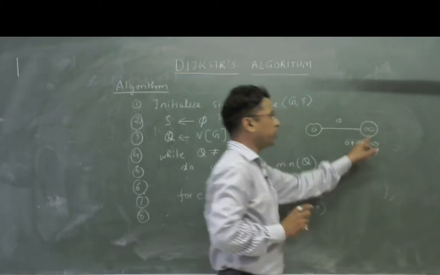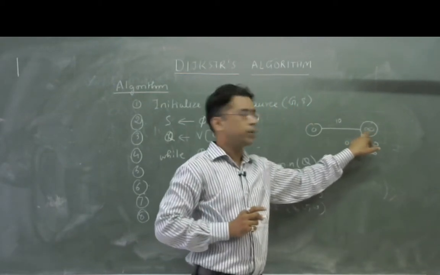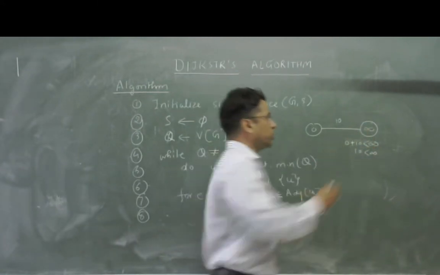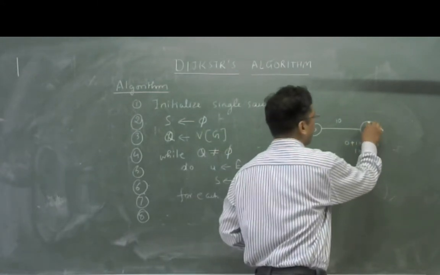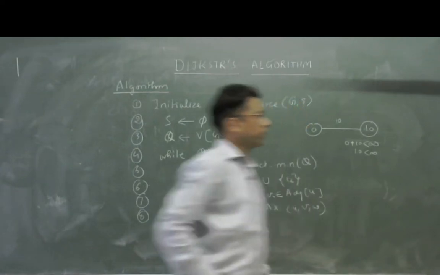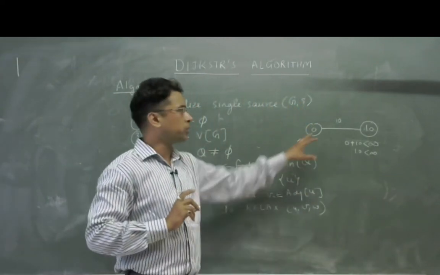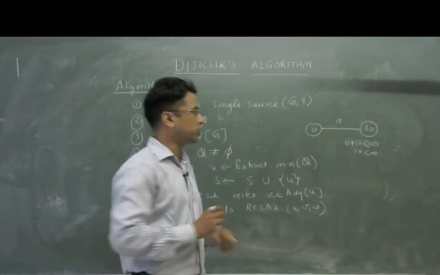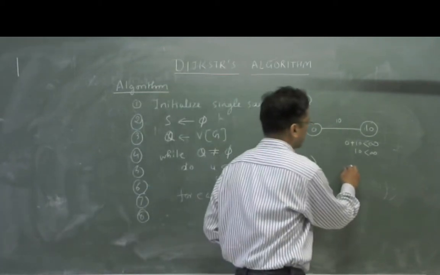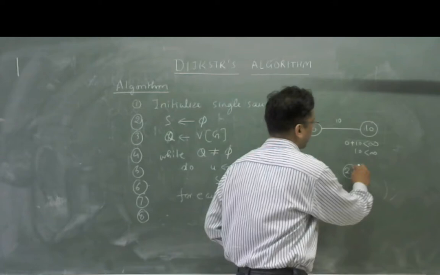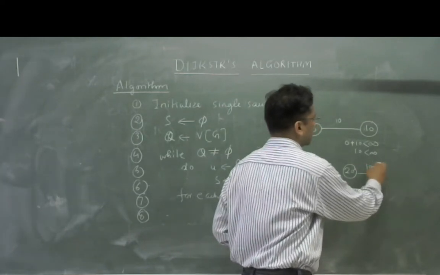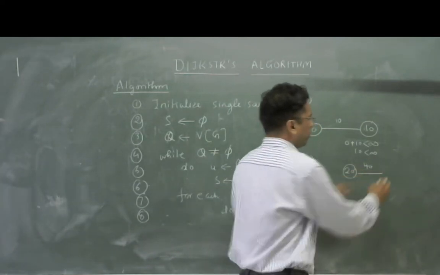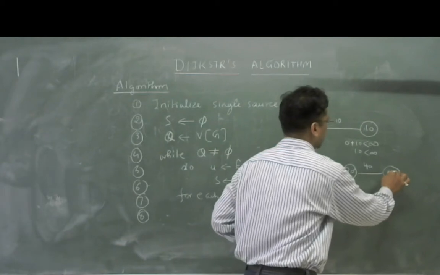So this node will be relaxed to a value of 10 in place of infinity. So this is the working of the relax function. Similarly, if a node is at a distance 20, then a node at a distance of 40 from it will be relaxed to a value of 60.